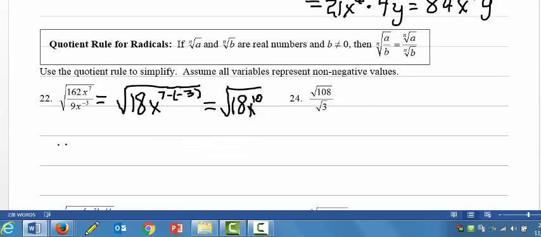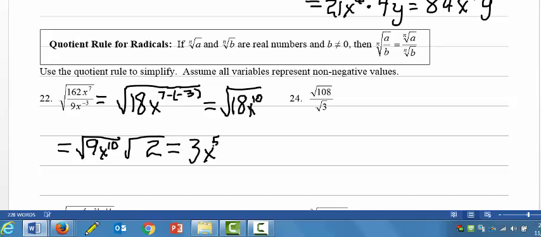Which can be simplified by writing this as the square root of 9x to the 10th, these are the perfect square factors of 18x to the 10th, times the square root of 2, which is 3x to the 5th times the square root of 2. So that's my final answer on that one.